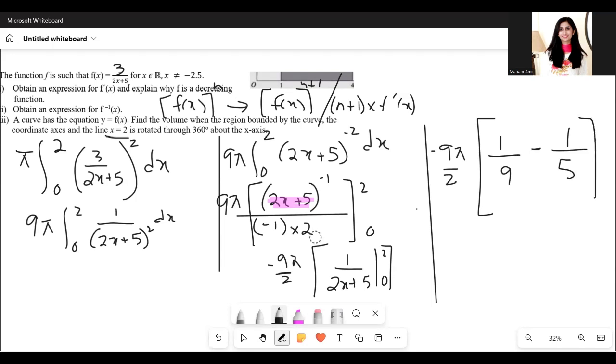Enter this in the calculator and you would get minus 9 by 2. I'm ignoring the pi for now. Times bracket 1 by 9 minus 1 by 5. That gives 2 by 5. And attach a pi to it. This is the volume of revolution.